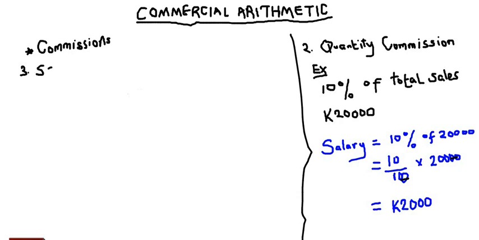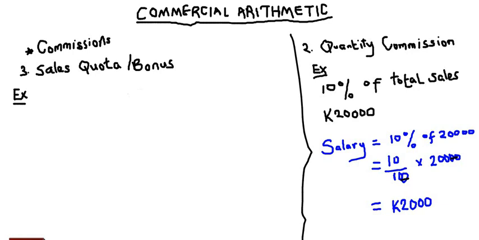Now, for sales quotas, this is where the salesperson is given a certain fixed amount for maybe a particular target in terms of sales, and then there is an award or a commission or a bonus that is paid for any extra effort above the target.